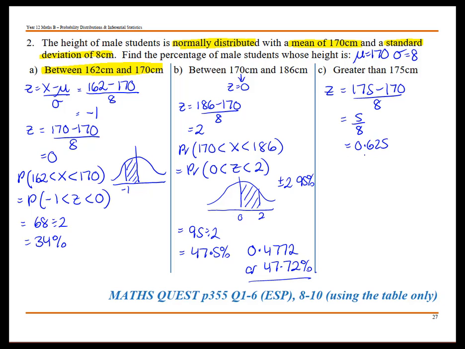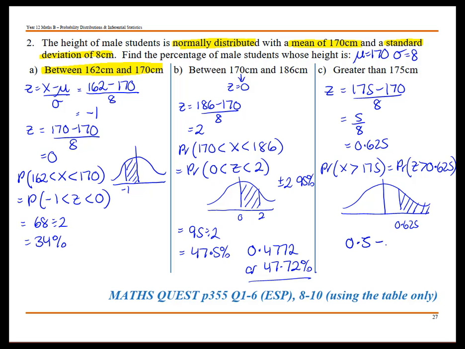So my probability that my x-score is greater than 175 is the same as my probability that z is greater than 0.625. So thinking about my diagram, if I've got 0.625 here, I want that area there. So I'm going to go 0.5 minus whatever it is on my normal distribution table.